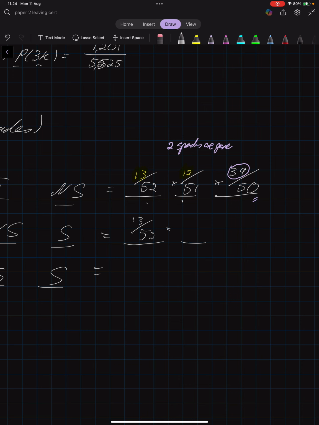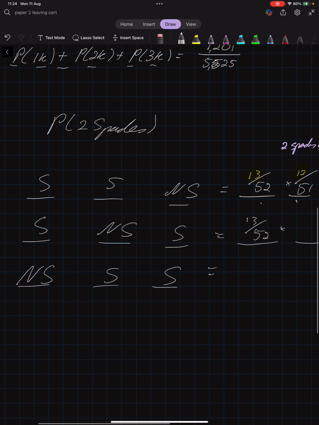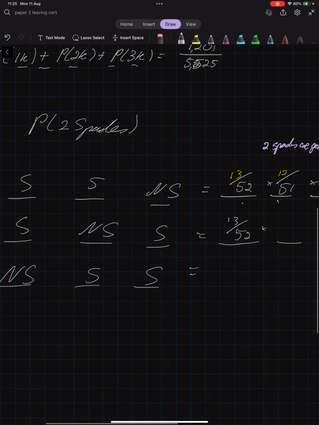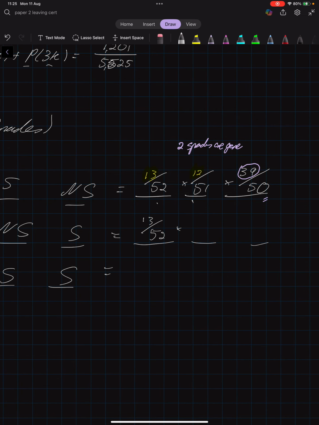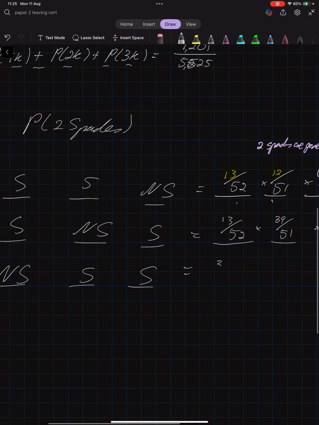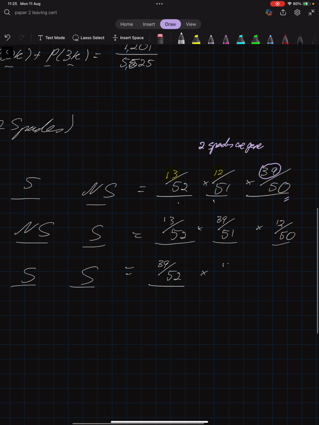Now you have to be careful, because this one has the not spade in the middle, which basically means you get 39 out of 51 and then 12 out of 50. And then here it's going to be 39 out of 52 times 13 out of 51 times 12 out of 50.